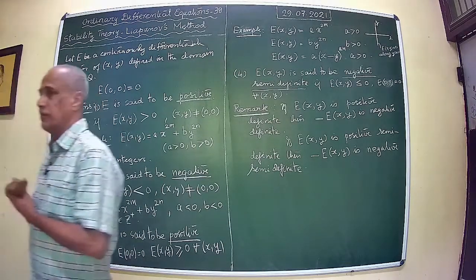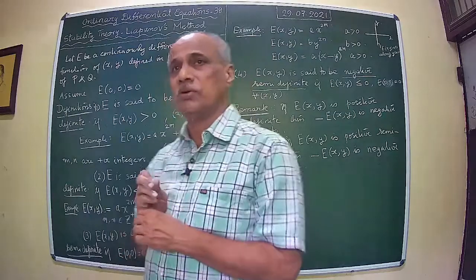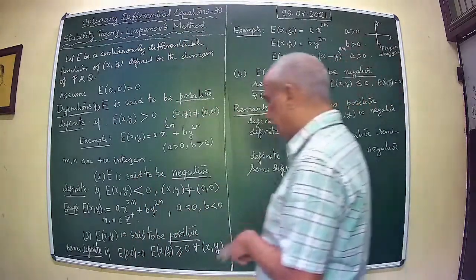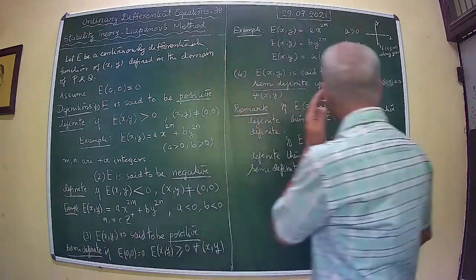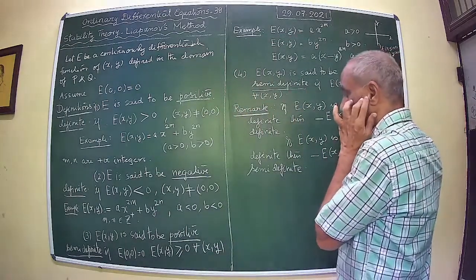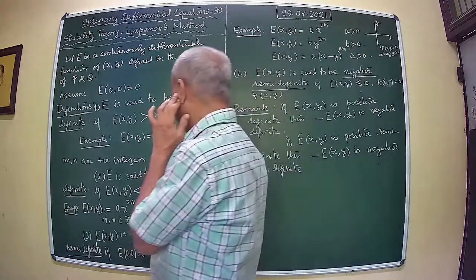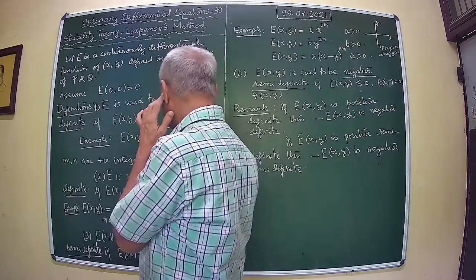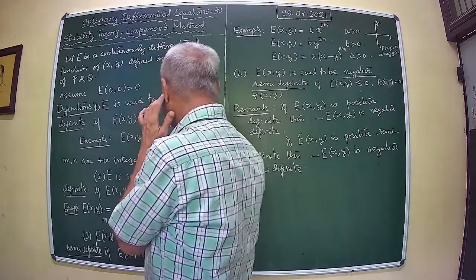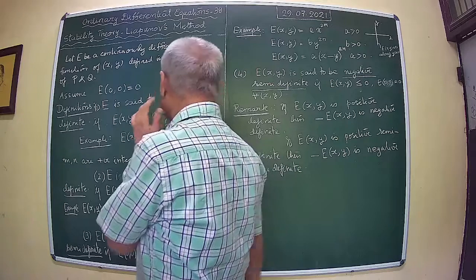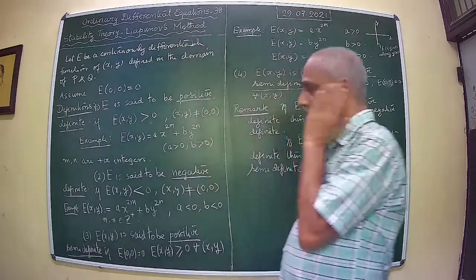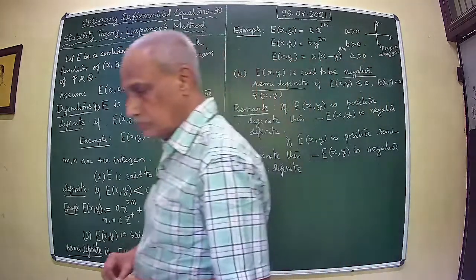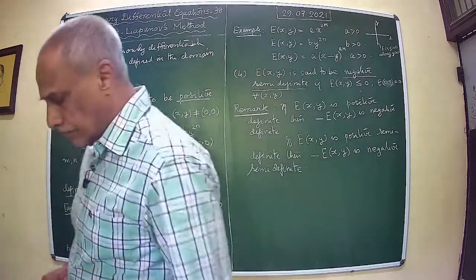But certainly the function is greater than or equal to 0. Here the condition is less than or equal to 0. In the other case it was E greater than 0 except when (x,y) is 0, 0, and E(x,y) is less than 0 for (x,y) not equal to 0, 0, where of course E(0,0) is assumed to be 0. So we have already looked at the examples.